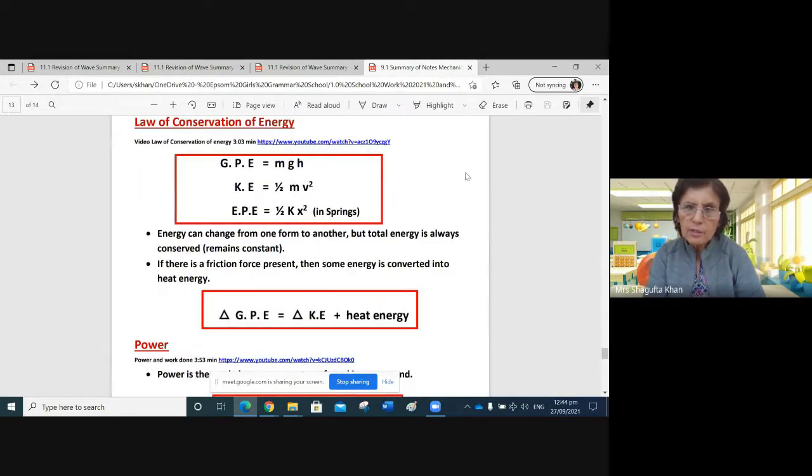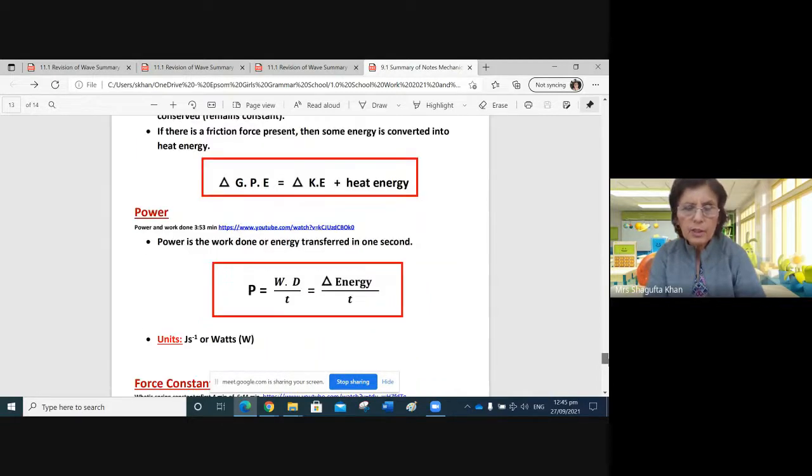What it means is if an object drops, for example a ball from a certain height, its gravitational potential energy changes into kinetic energy. There might be a little bit of heat produced, but total energy is conserved. Power is work done divided by time, or how much the energy changes in 1 second. Unit is watts.